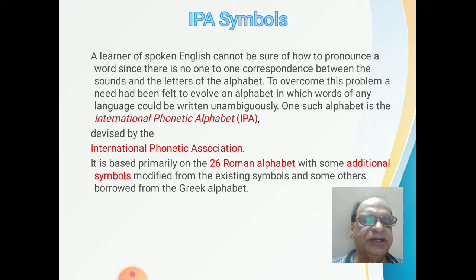This we are going to study right now. So what are these symbols which make up the IPA? This IPA helps us to recognize the sound represented by a particular word. We are going to learn this with examples.